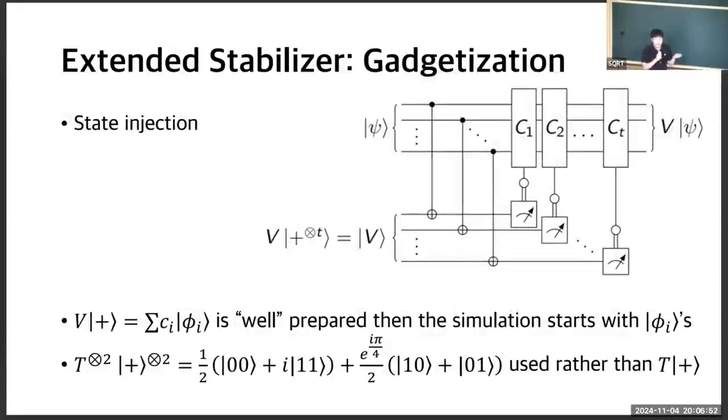So if we have V plus as sum of Ci phi i, where phi i is a stabilizer state, then we can make that as one of the initial qubits under there.